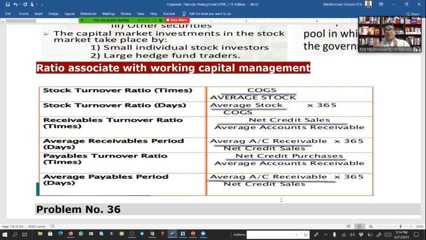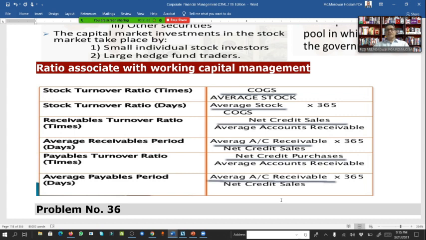If we want the result in days, then average stock, or also the inventory turnover ratio, is average inventory divided by cost of goods sold multiplied by 360 days.